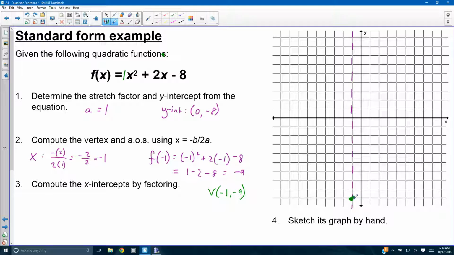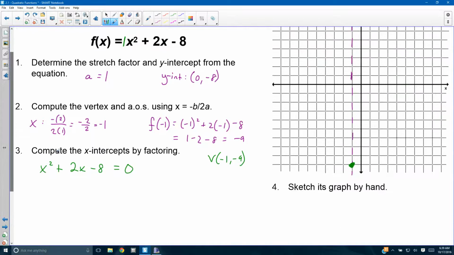Okay, compute the x-intercepts by factoring. If you're finding the x-intercepts, it's the value of x when y equals 0. So I'm going to substitute 0 for f of x and solve this quadratic equation by factoring. It's a factorable quadratic equation.